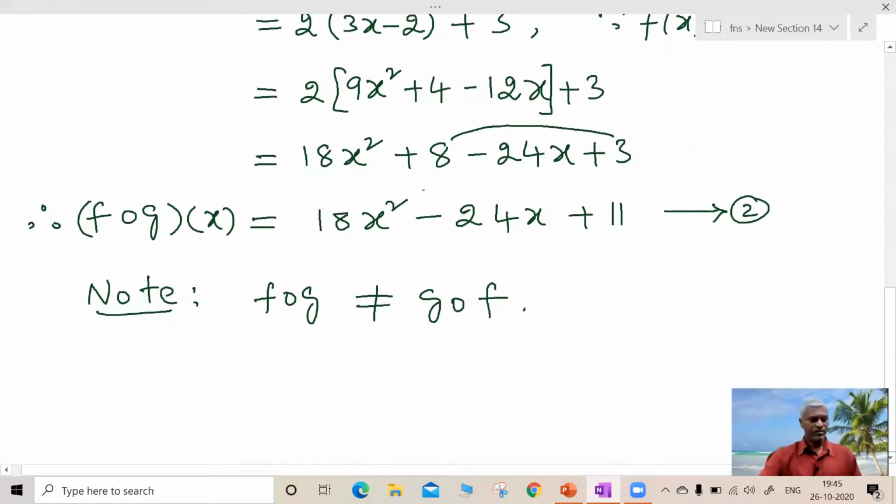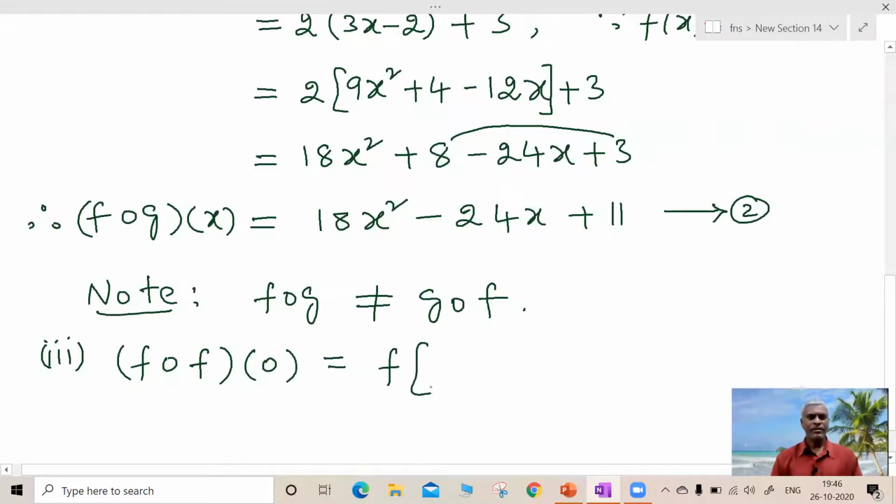So next, the third one, the third bit: f∘f(0).